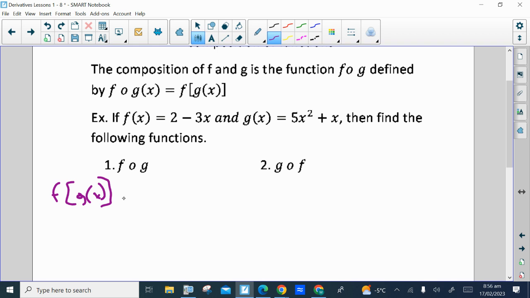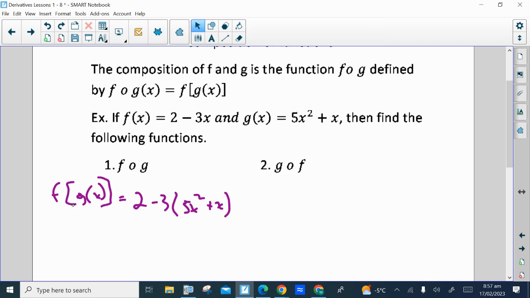And so this is done by taking the function f, which is 2 minus 3x, and you're going to embed g into that, which means that wherever you see the variable in f, which is after the 3, you replace it with g. That's what that means. You're going to embed g into f.